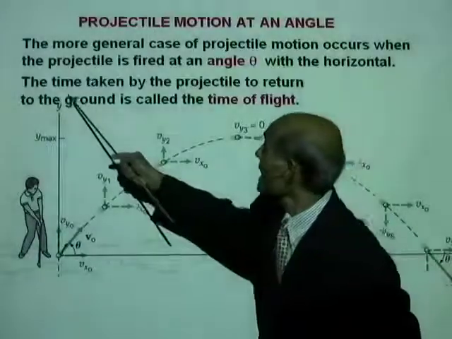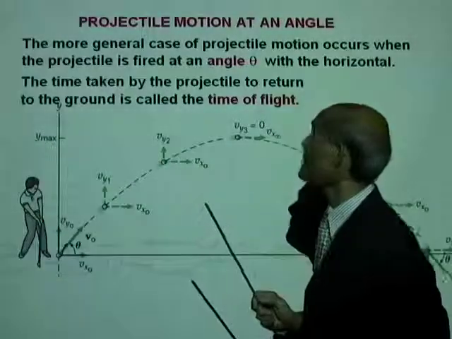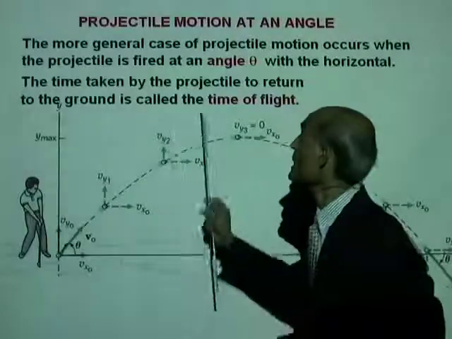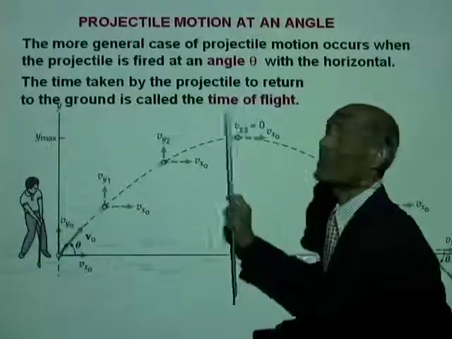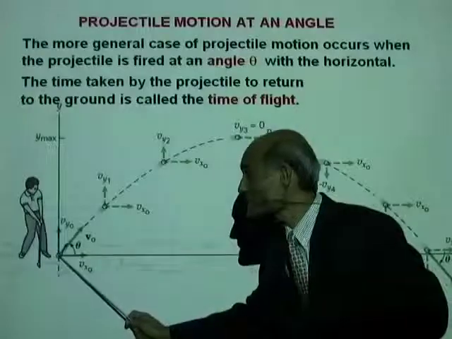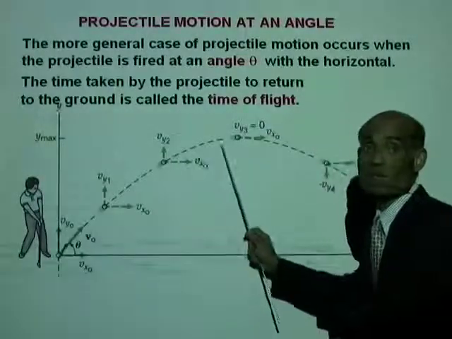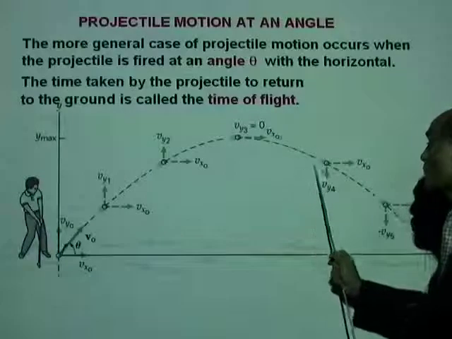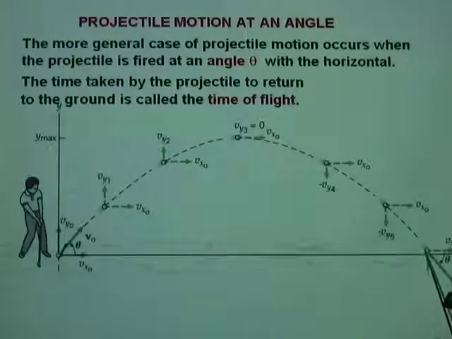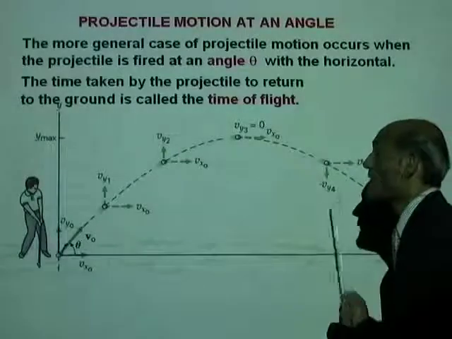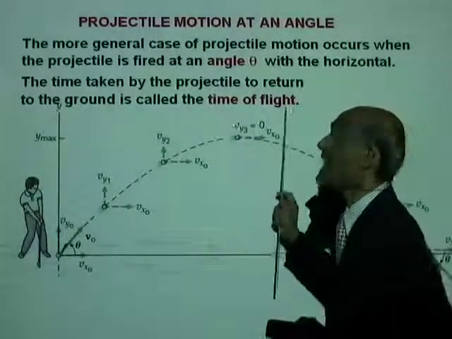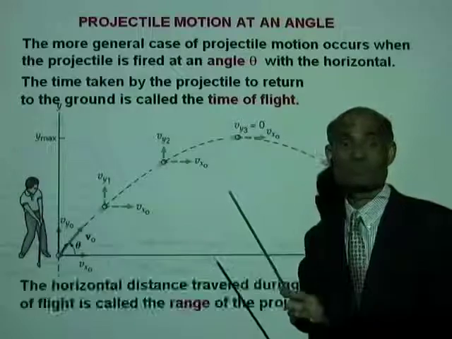Now, the time taken by the projectile to return to the ground is called the time of flight. So the golf ball is hit from this point, it rises to a maximum height and then falls back to the ground here. The time taken to do that is called the time of flight.